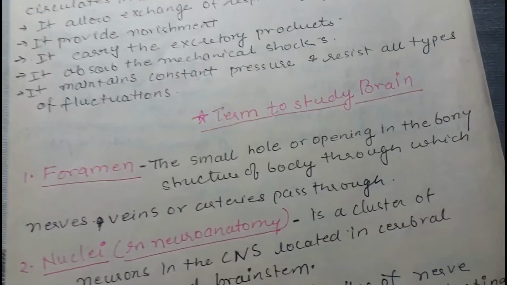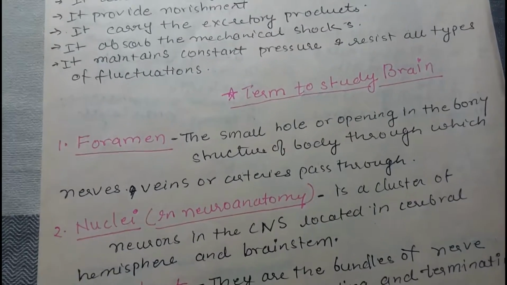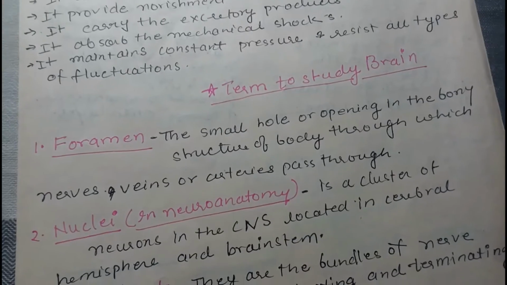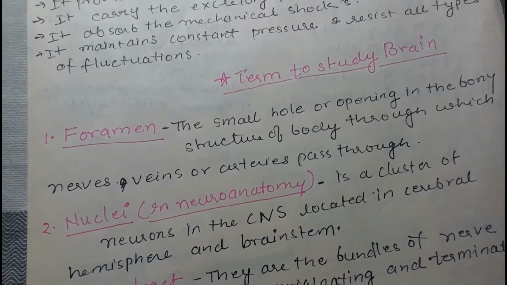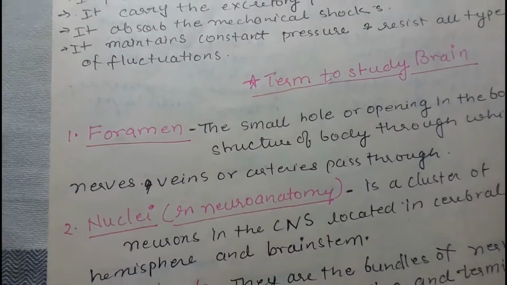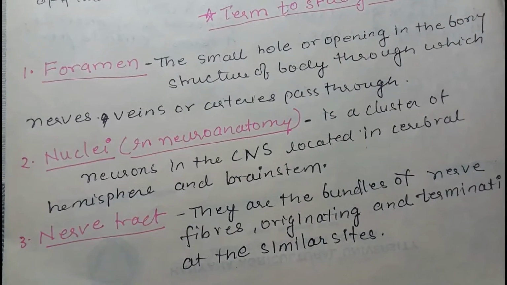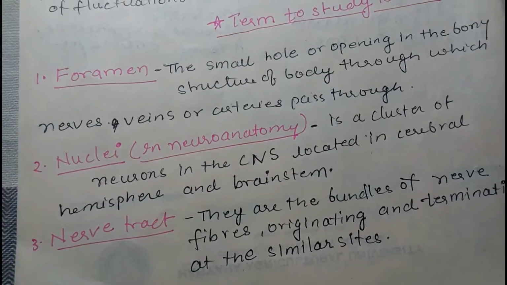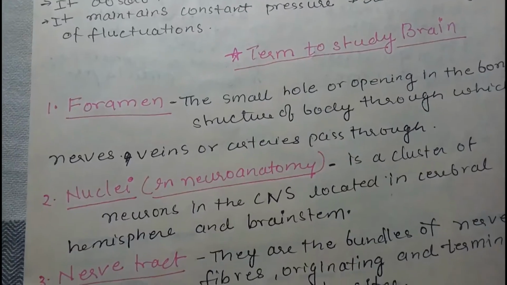Now there are important terms that you must know before you study the brain. Foramen is a small hole or opening in the bony structure of the body through which nerves and veins or arteries can pass. You must have heard about this in the skeletal system. Nuclei in neuroanatomy are clusters of neurons in the CNS, basically consisting of cell bodies located in the cerebral hemisphere and brainstem.